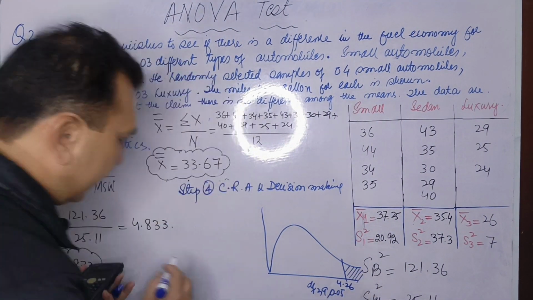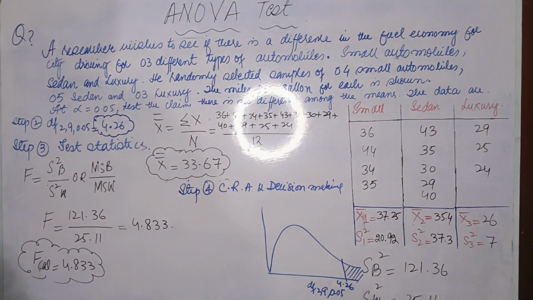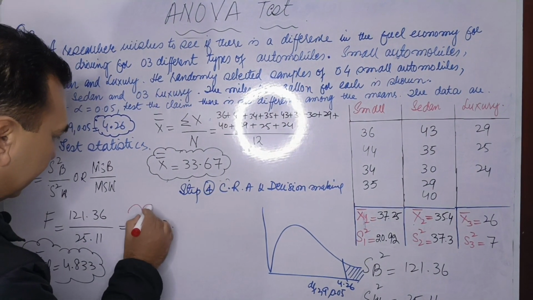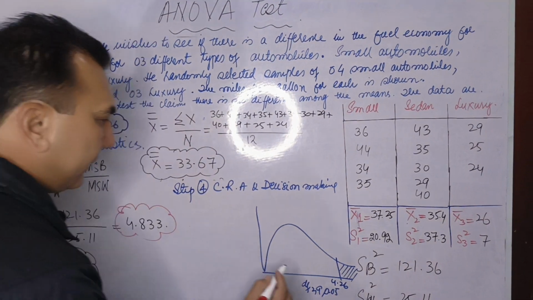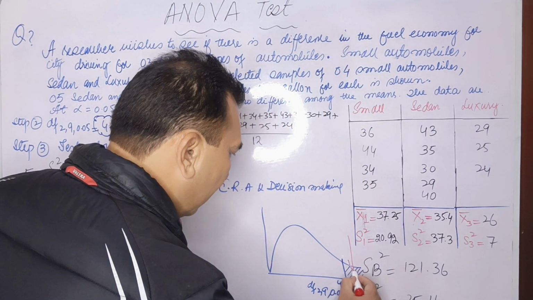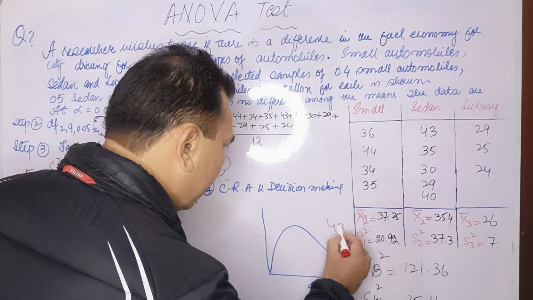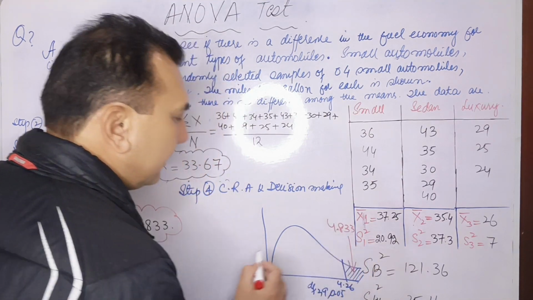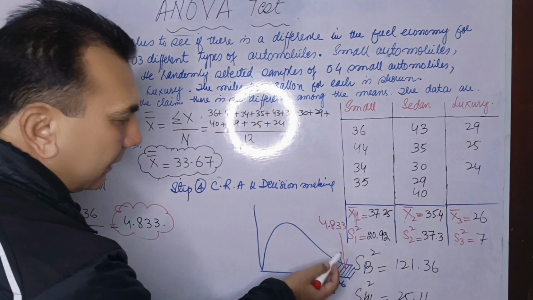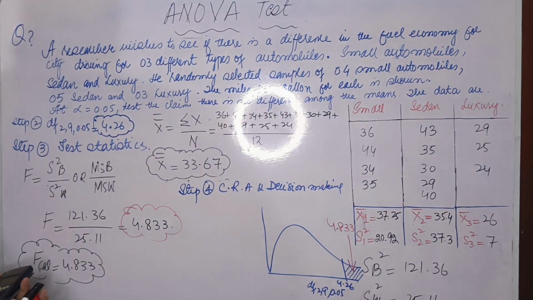We calculated the F tabulated value as 4.26, and the F calculated value is 4.833. So definitely 4.833 is the larger, which falls in the rejection area.